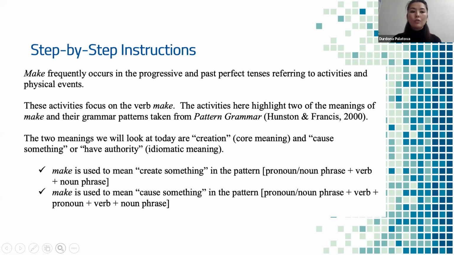That's why I chose this one. I took some grammar patterns from pattern grammar, and I explained the two meanings they are going to look at in their lesson: to cause something, and to have authority.